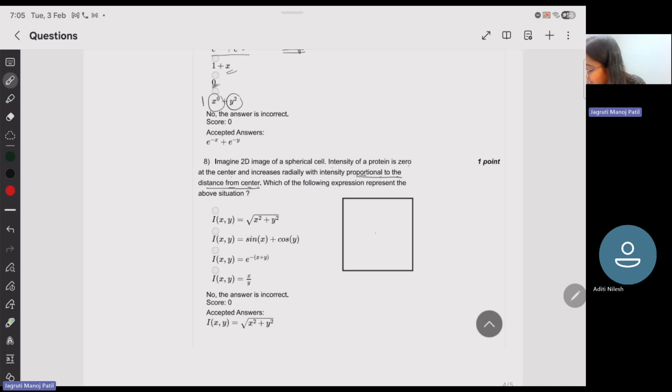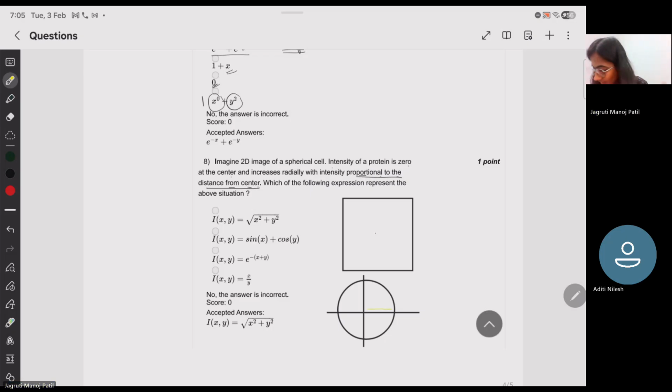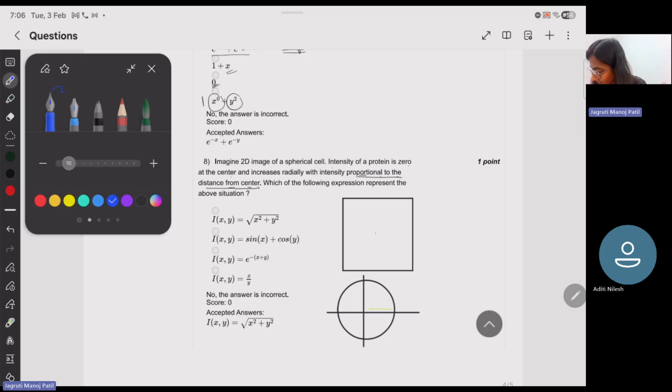It's increasing radially, so that means it's something which has a radius equivalent to its arc. That is similar to how we used to have a circle, right? When we have a circle, sorry for the asymmetry here, but in this particular case, let's say this one, the contrast is poor.